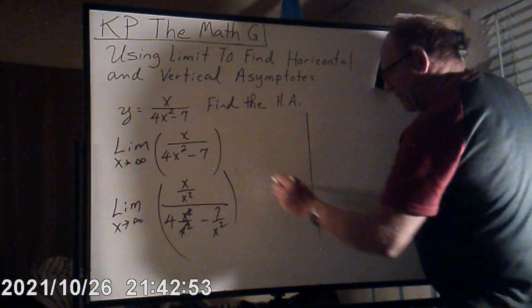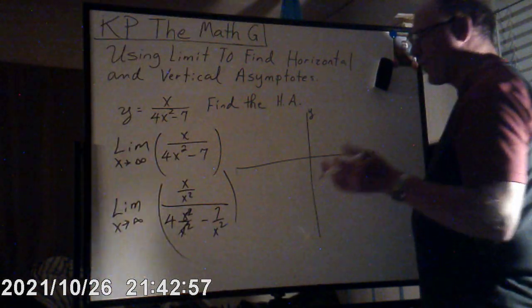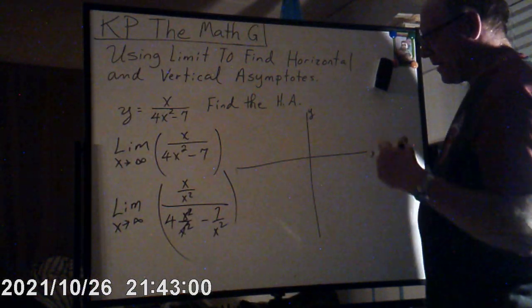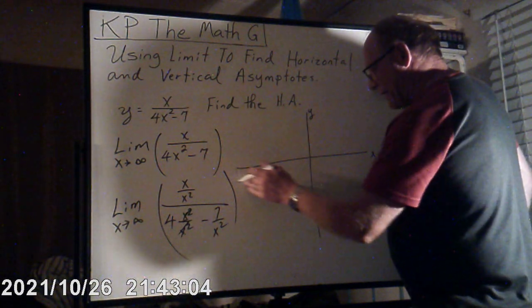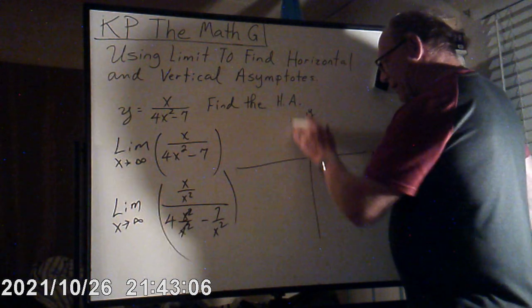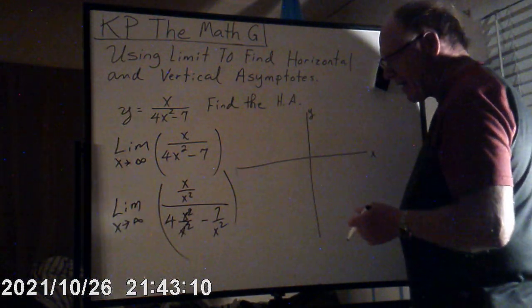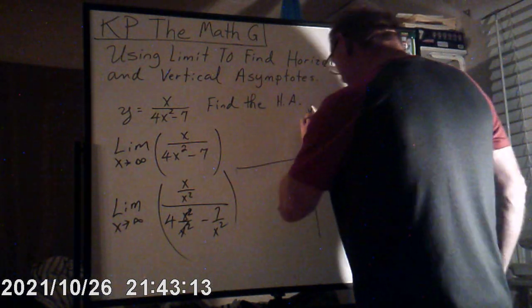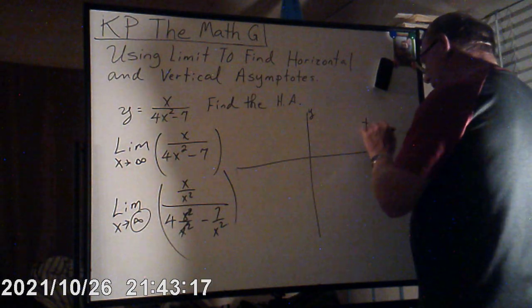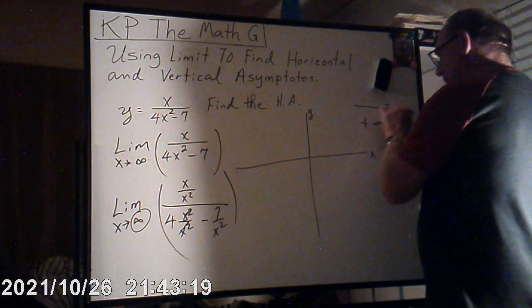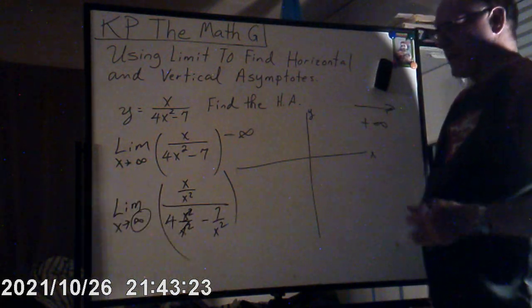So the thing about it is, we know that we have an asymptote. Whether it's going to be down here or starting up here, we have not determined that yet, but we do know that going in this direction is positive infinity, and negative infinity is in this direction.